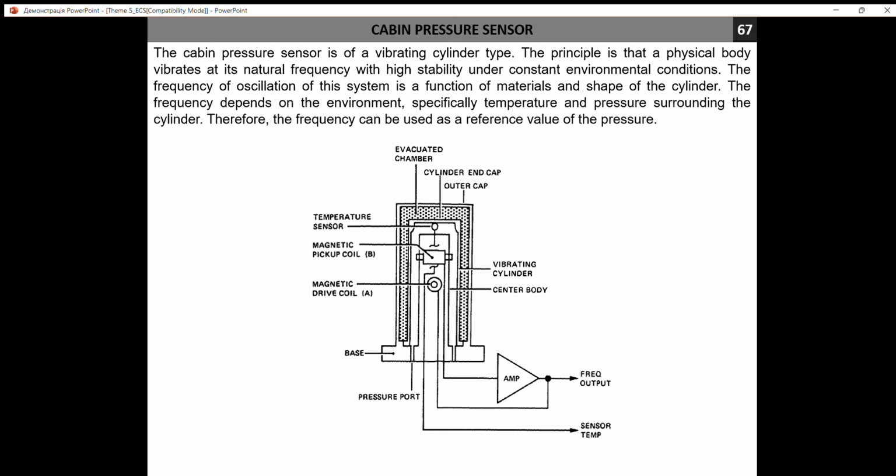With changes of altitude, parameters of air change and the frequency will change too. So the frequency of vibrations directly depends on the environment. And partially it is connected with temperature, so we also need to take temperature parameters into account as an element that avoids error in calculations.